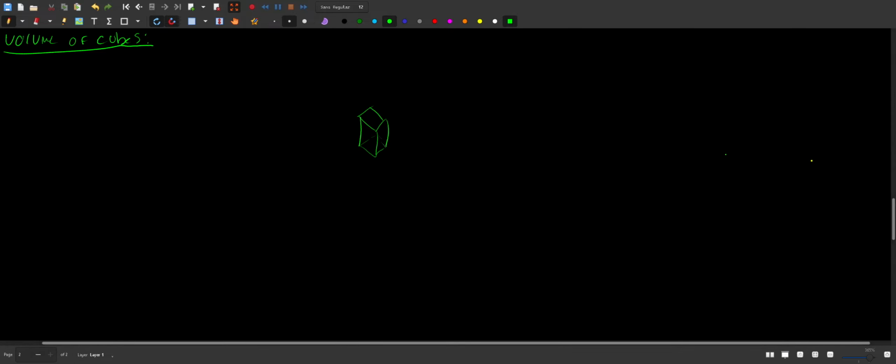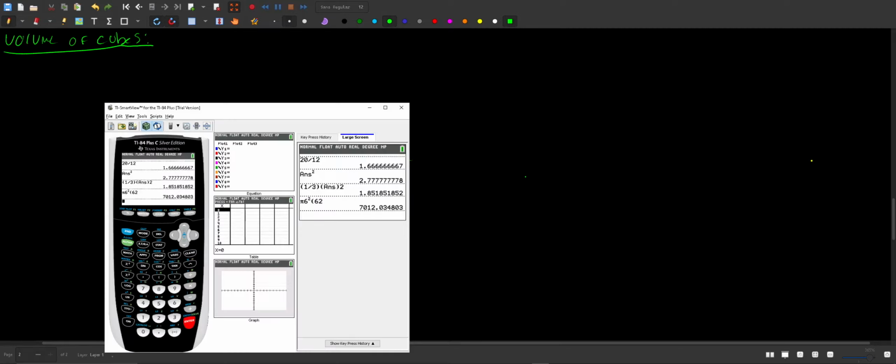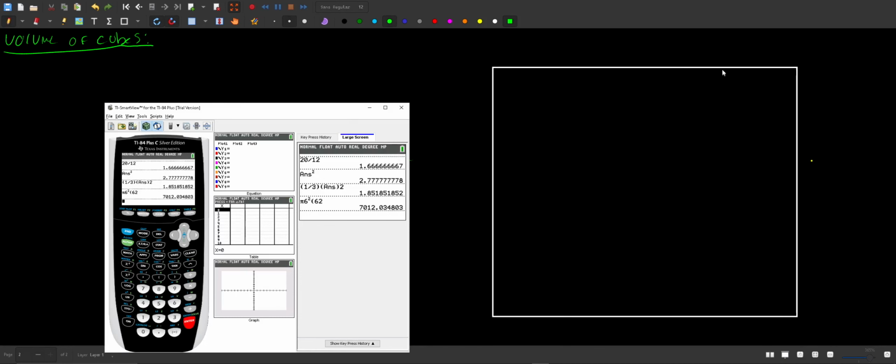So volume of a cube. If it's a cube, that means every side has to be equal. So let's use 9 for example. So 9 centimeters. That means all the sides are equal to 9 centimeters. So all we have to do here is just take 9 and cube it.